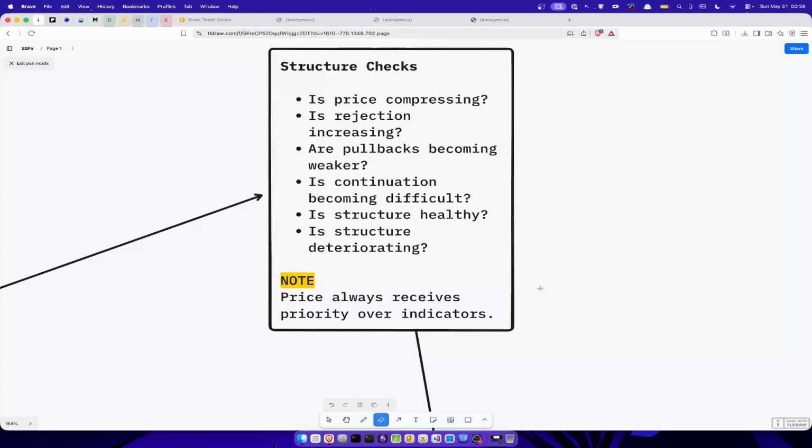Is continuation becoming difficult? Like, is the market getting to that point and then it is slowing down? As you can see, this move had way more momentum than this one. So you essentially study the structure and evaluate how the structure looks. Essentially, you ask yourself, is the structure healthy?